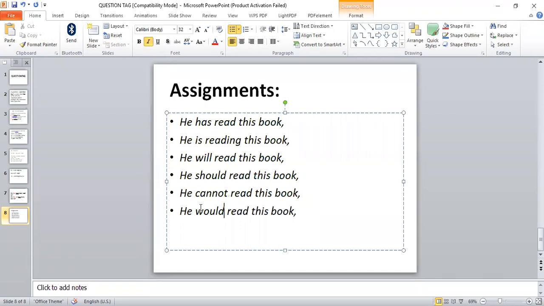So these are what you work with when you are having your assignment. So go with the rules that we have used and apply each of those rules, forming your question tag for each of the statements that we are being given as an assignment. Please make sure you apply all these rules and all that we have been discussing in your day-to-day conversations.